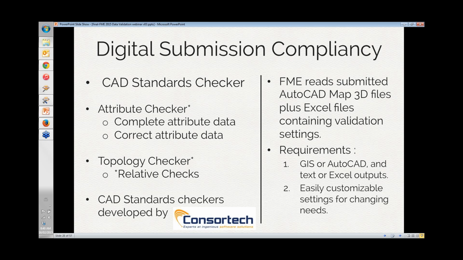And then David also refers to relative checks, and I think this is important. So for the attribute and the topology checking, you can only check so much. So when you're looking at your data, an extreme case would be, if somebody's digitizing the curb of a road and they put that in on the centerline layer and they color it as a centerline and they put some of the attribution as a centerline, you can do a validation check on that and it'll come up as a centerline feature, but it doesn't mean it's correct.